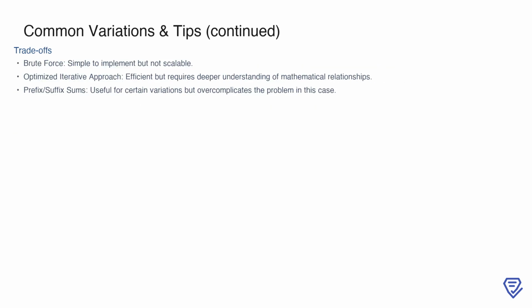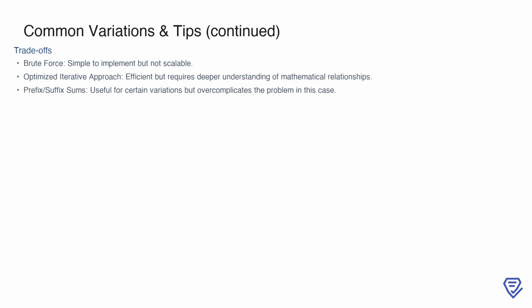Finally, let's compare the trade-offs of the approaches we've discussed. Brute force is easy to implement, making it a good starting point for understanding the problem. However, it's not scalable due to its O(n squared) complexity. The optimized iterative approach, on the other hand, is highly efficient with O(n) complexity, but it requires a deeper understanding of the mathematical relationships in the rotation function.